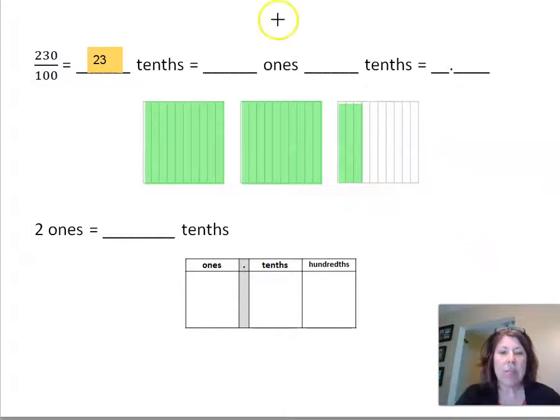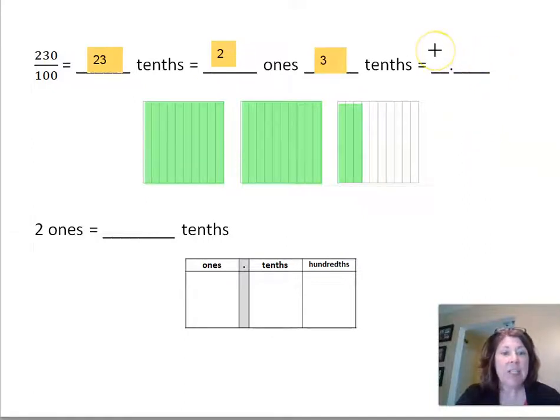So that's my 23 tenths. And you'll notice that what you've shaded is 2 ones. Here's 1, here's 2, and an additional 3 tenths. 1, 2, and 3 tenths.